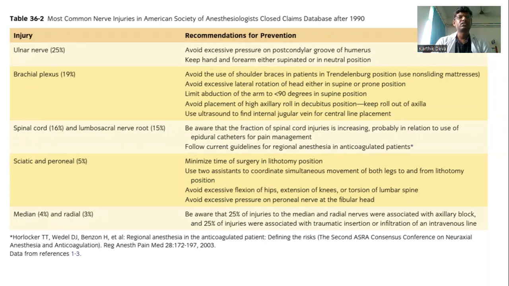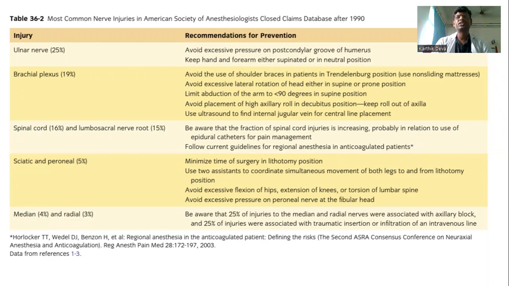The brachial plexus has a 19% chance of getting injured in the dorsal decubitus position. To avoid this, avoid the use of shoulder braces in patients in Trendelenburg position to prevent sliding, or better, use non-sliding mattresses.